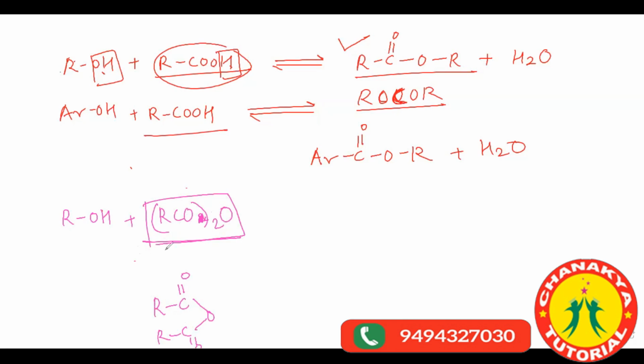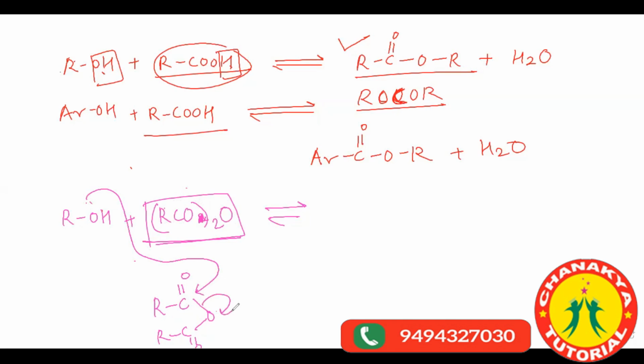Fine. Now what will you get here? Again, you should get the ester, isn't it? So how will you get ester in this case? R, C double bond O, OR. This oxygen will attack here, on either carbonyl carbon, and then it will replace it with R. It will go to the oxygen.